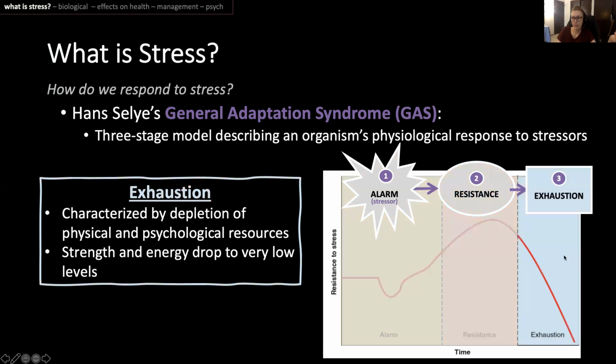But ultimately, you're going to end in exhaustion. This is characterized by depletion of all your physical, psychological, and mental resources. And your resistance to stress, you can see, just plummets to very low levels because you've used up all of your cognitive and physical resources. So these are your three main stages of how we might go through a general stress response.